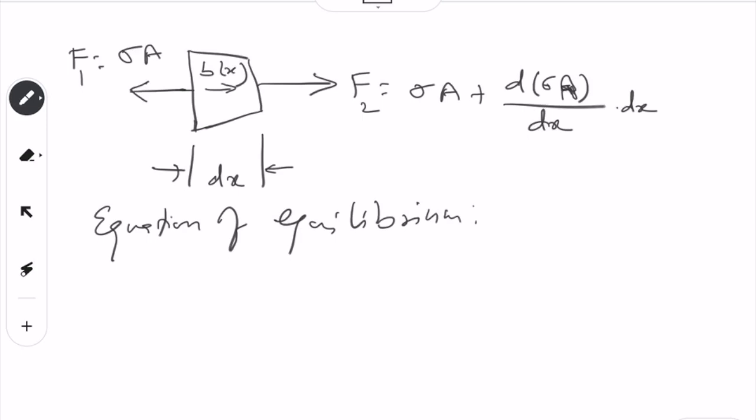The summation of all forces in the x direction has to be equal to 0, and we can write accordingly.